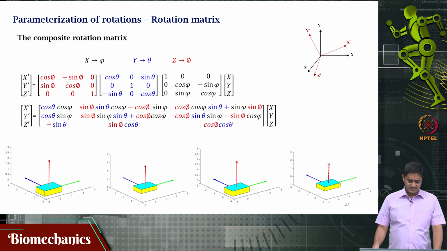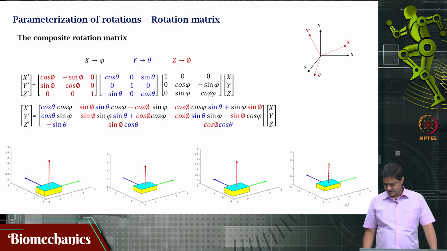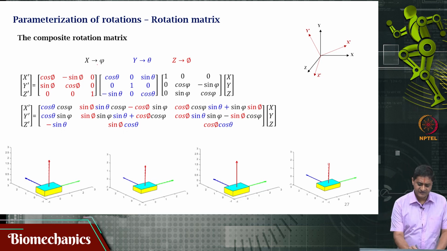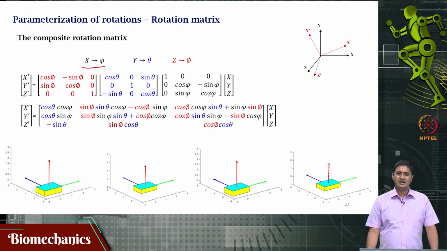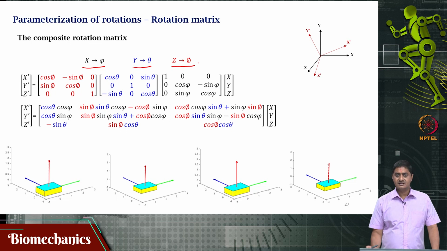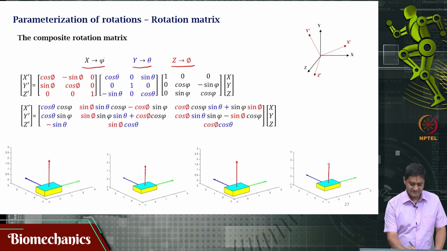Now, consider this case where I am having an angle change or a rotation of psi, an angle of psi happening about the x axis, an angle of theta happening about the y axis, and an angle of phi happening about the z axis.